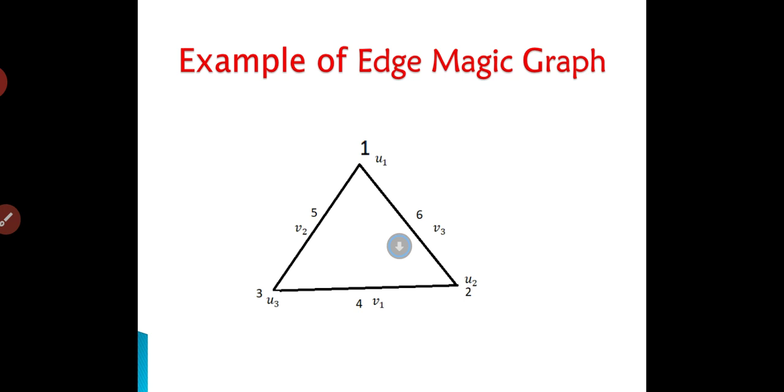The vertex u1 is labeled as 1, u2 is labeled as 2, u3 is labeled as 3. The edge v1 is labeled as 4, v2 is labeled as 5, v3 is labeled as 6.